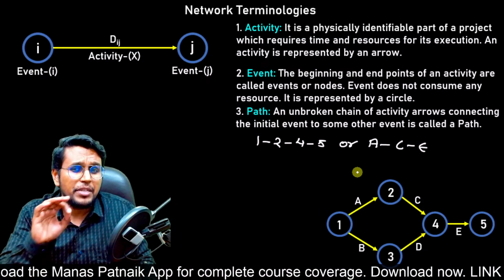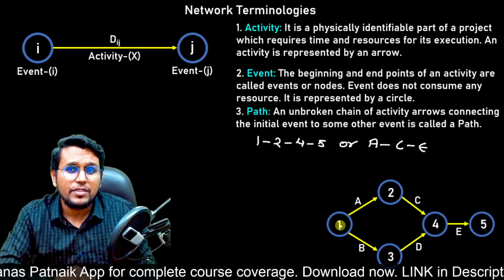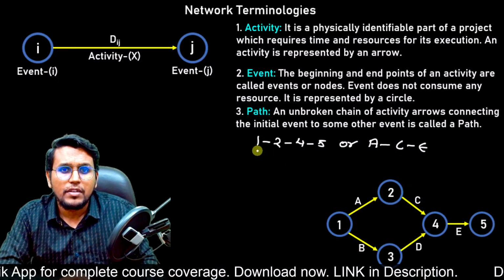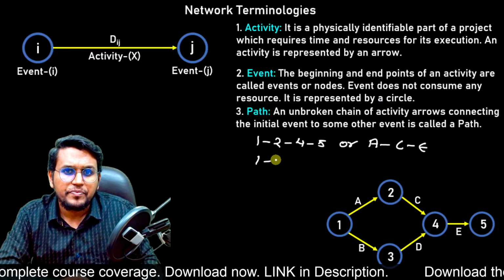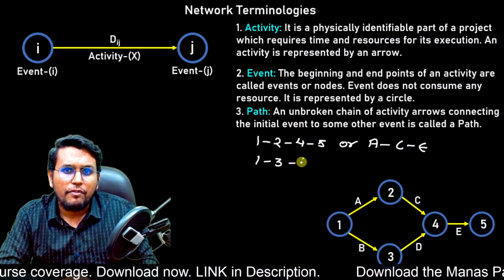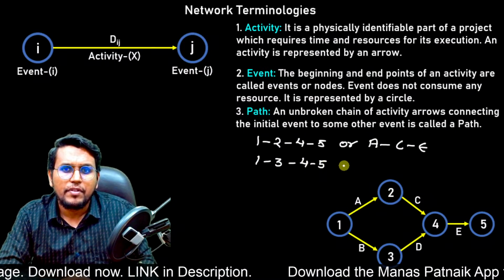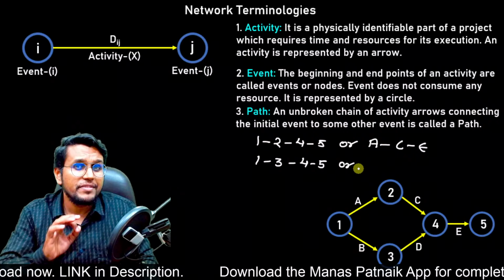Now similarly, there can be another path in this network, which is 1, 3, 4 and 5. Or it can also be represented by activities.